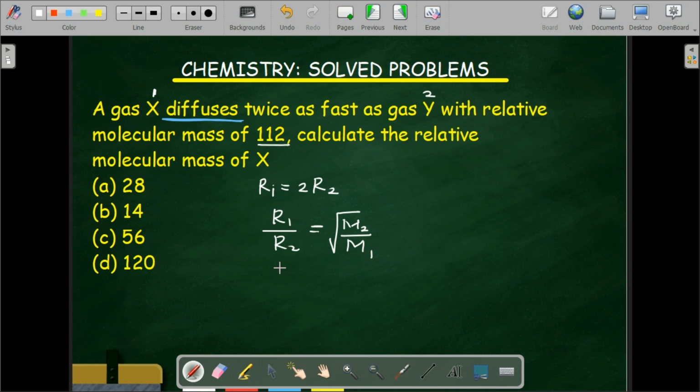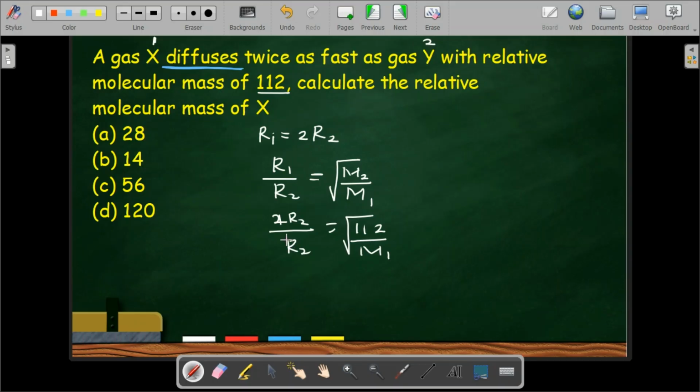So we have R1, which is 2R2, divided by R2, equals the square root of 112 divided by M1, which is not given. Let's first eliminate R2, such that we now have 2 equals the square root of 112 divided by M1.